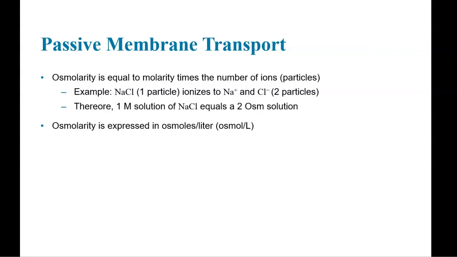When you did that and you got an answer, you had to multiply that answer times two, and that's to account for the two particles of sodium and chloride. But this only applies to molecules that have ionic bonds, so not all of them.